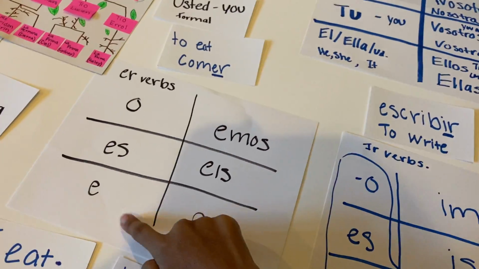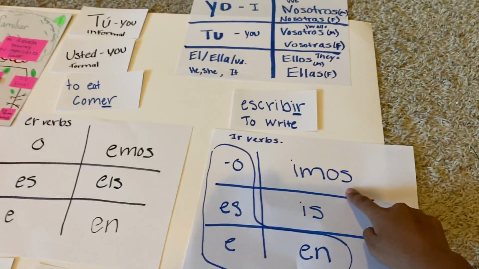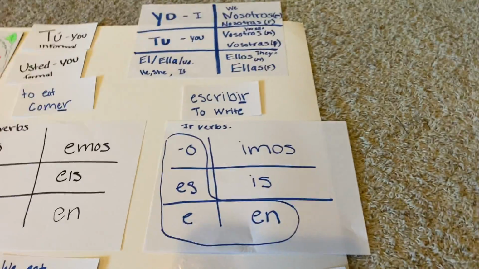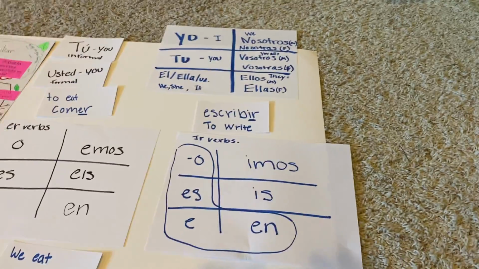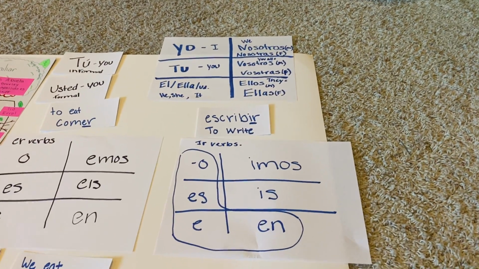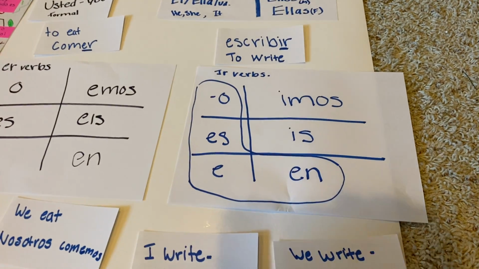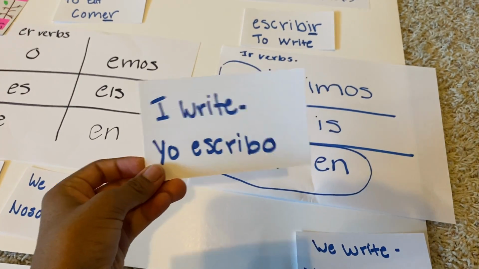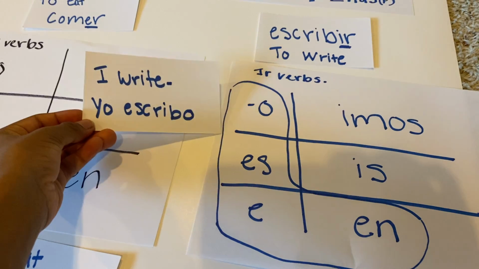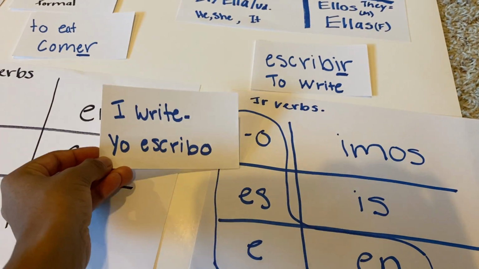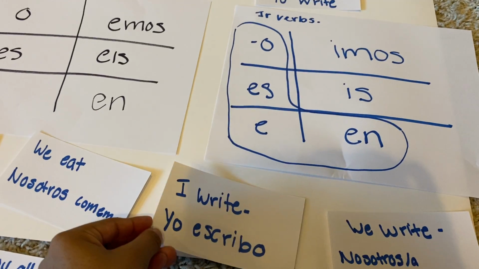But we and you all are different. So now, let's conjugate escribir, to write. When we want to say I write, we say yo escribo. See? We drop the IR and we replace it with O.